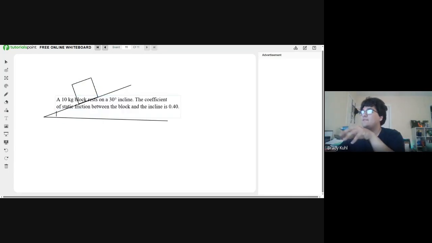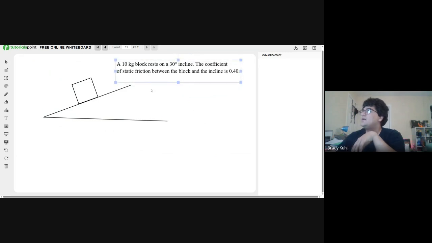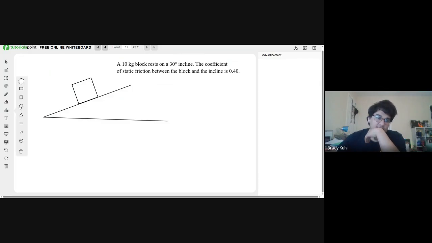So hopefully not too much. We have a 10 kilogram box or block, whatever you want to call it, and you have mg. We have the coefficient of static friction. We have forces: the force of gravity and the static friction.